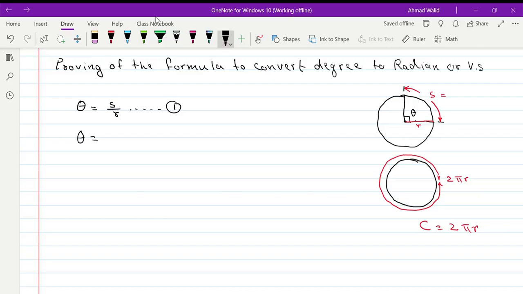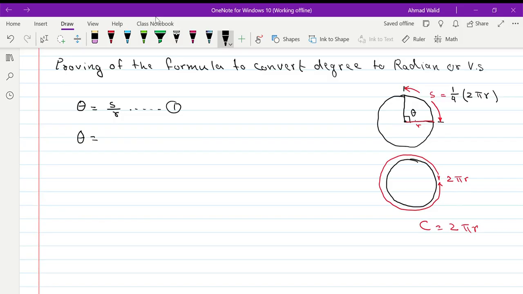Your S is actually 1/4 of this circumference of the circle, correct? 1/4 of 2 pi r. Agree? Because if the circumference of a circle is 2 pi r, if you take 90 degree out of it, it means you take 1/4 of that circumference, which is your S.